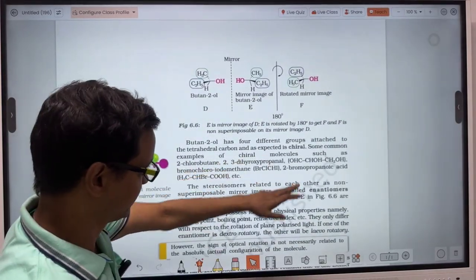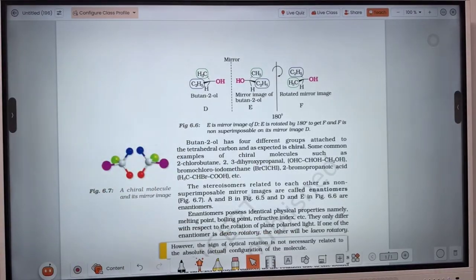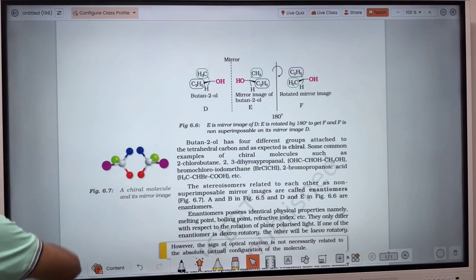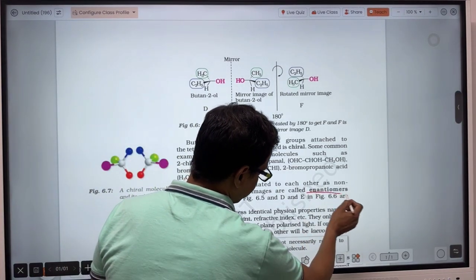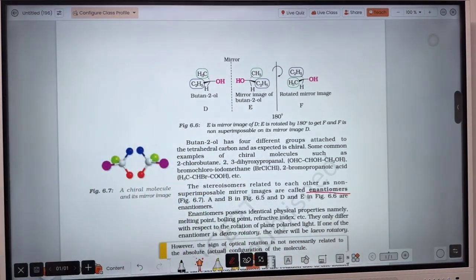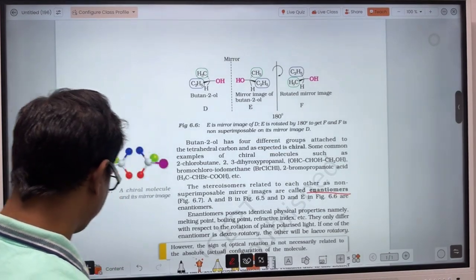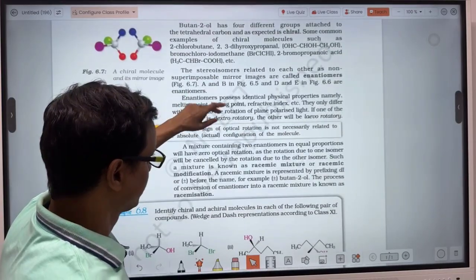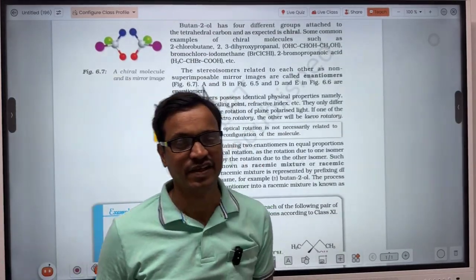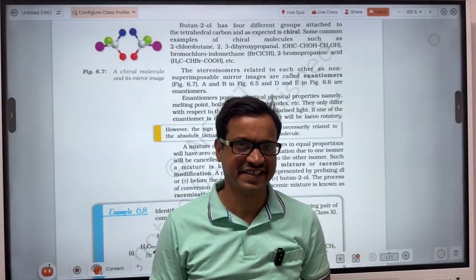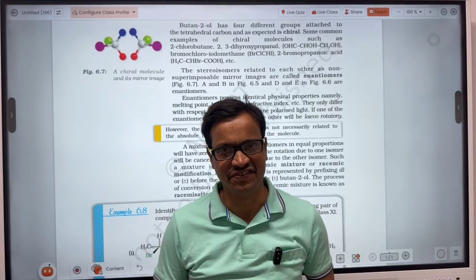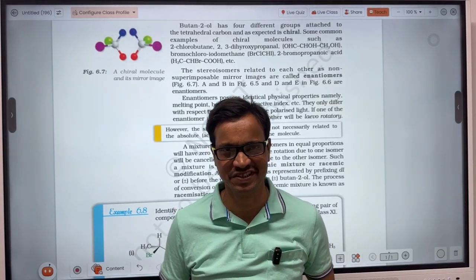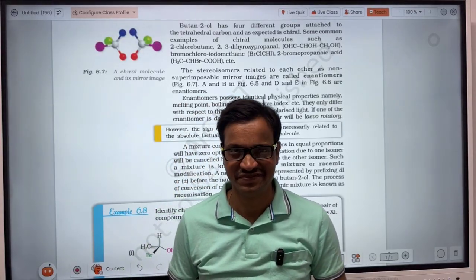Enantiomers you know already. Enantiomers, what is that? The molecules which have the same molecular formula but opposite optical activity. That means if one is dextrorotatory, then the other one is levorotatory. Then that compound will be called enantiomers. Now one point here. Whether the compound will be optically active or optically inactive, you can predict by watching the molecule only.